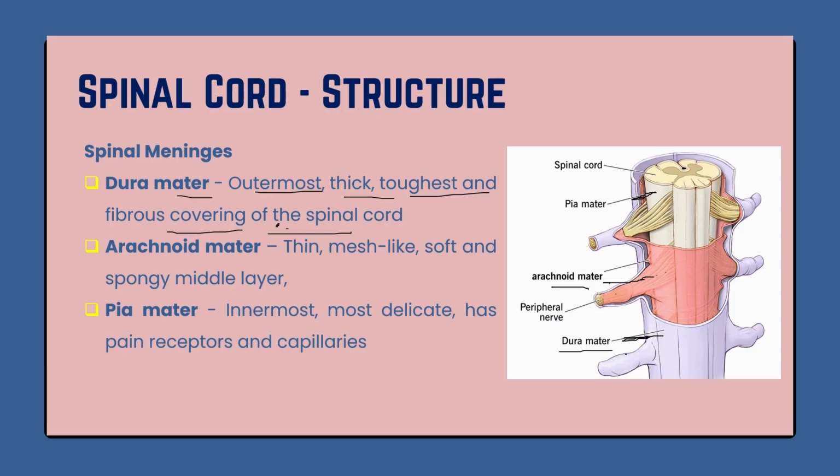Capillaries are the blood vessels that bring blood to the spinal cord. All right, so inside these three layers you can see the spinal cord. So these are the three meninges. You have to remember them: dura mater, arachnoid mater, and pia mater.